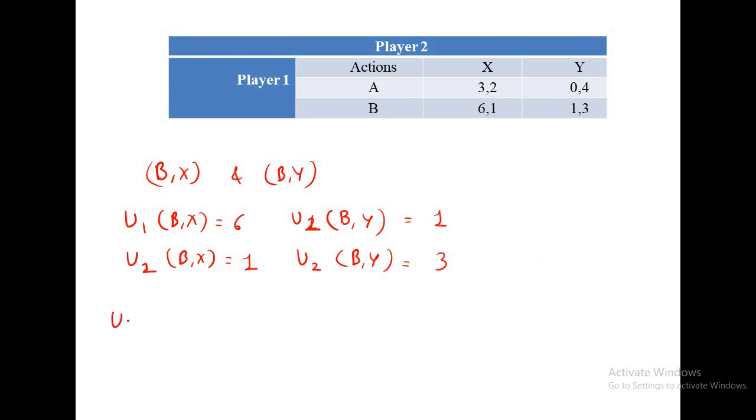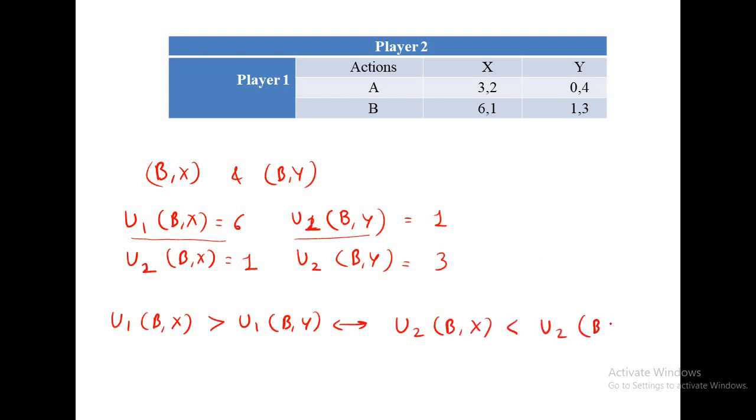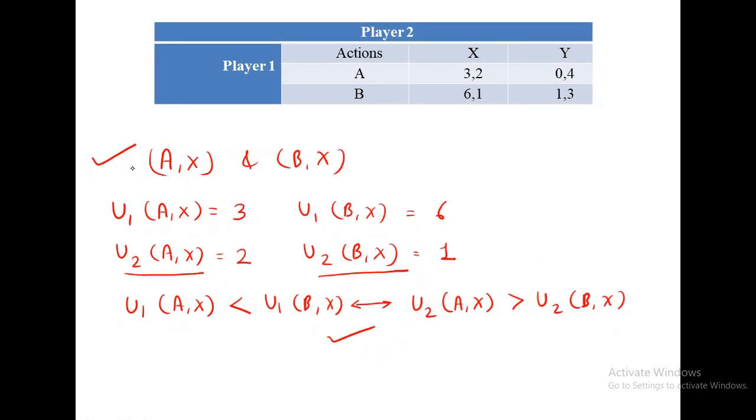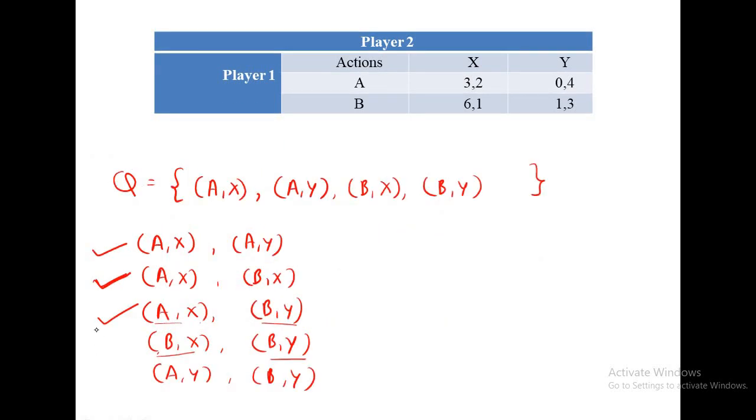Now here U1 BX is greater than U1 BY. As per the state competitive game condition, for player 2, U2 BX should be smaller than U2 BY, and you can see here that U2 BX is smaller than U2 BY. So this condition is true for the pair BX and BY.